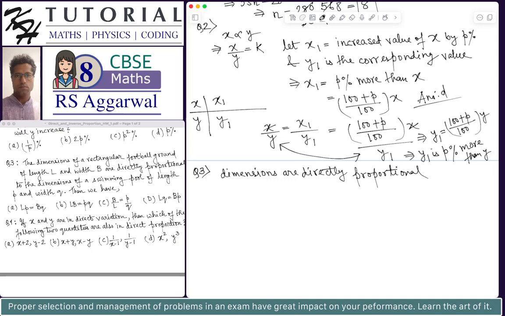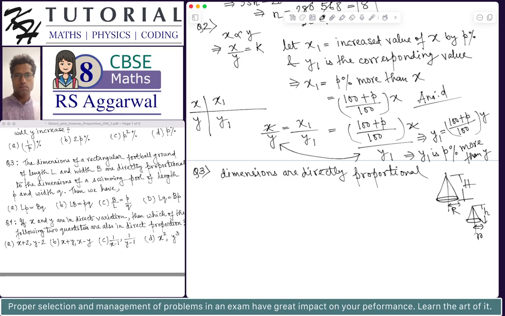Now, for example, if it is given that the dimensions of two right circular cones are directly proportional, it means that, let's say for the bigger right circular cone, the radius of the base is capital R and the height is capital H, and for the smaller right circular cone, the radius of the base is small r and the height is small h.